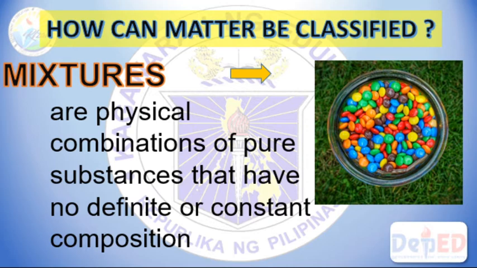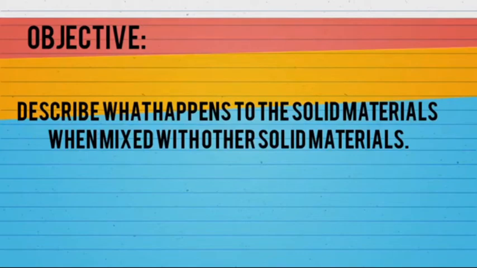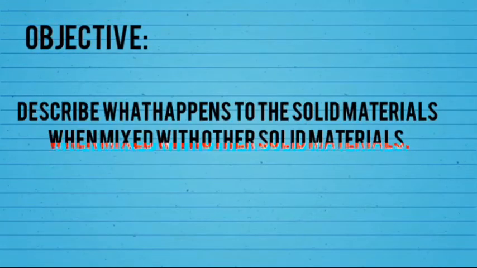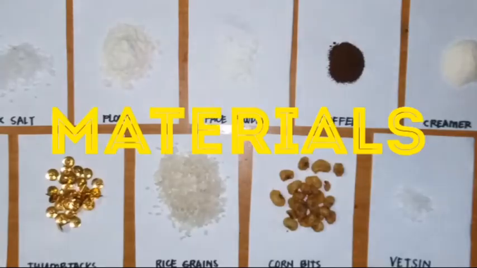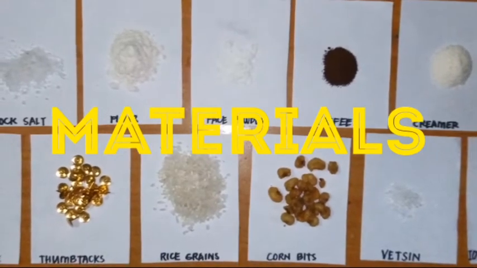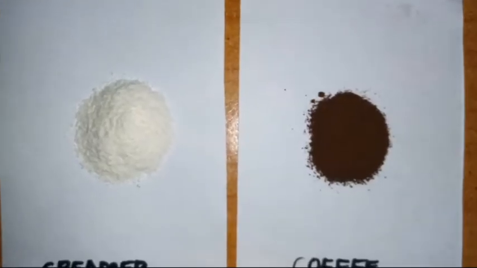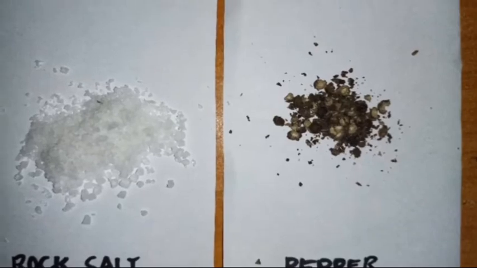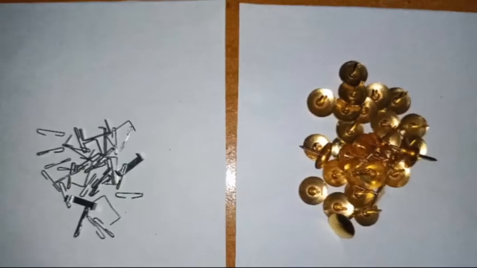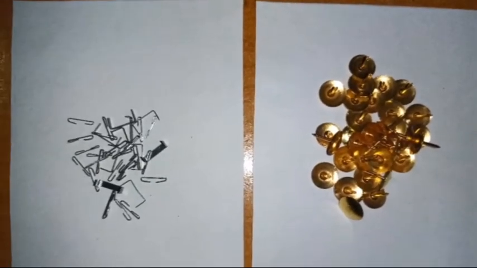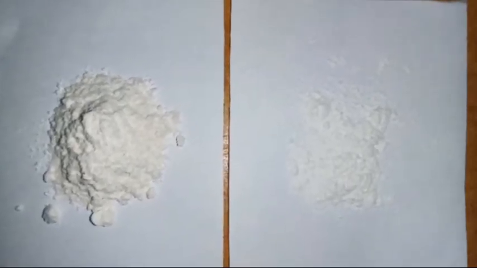So these are the materials for the activity. Rice grains and corn bits, creamer and coffee, rock salt and pepper, iodized salt and white sugar, staple wire and thumbtacks, betchin or monosodium glutamate and iodized salt, flour and face powder.